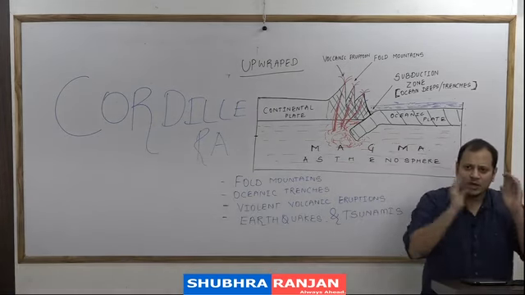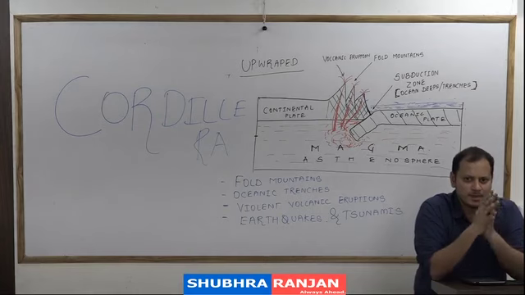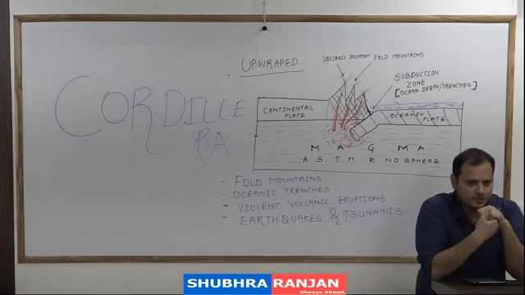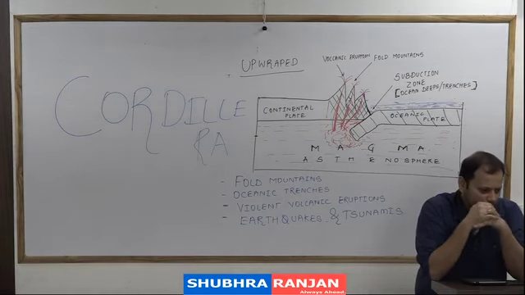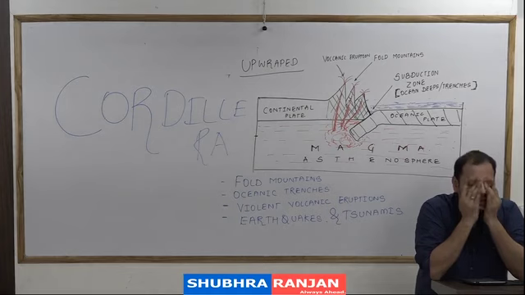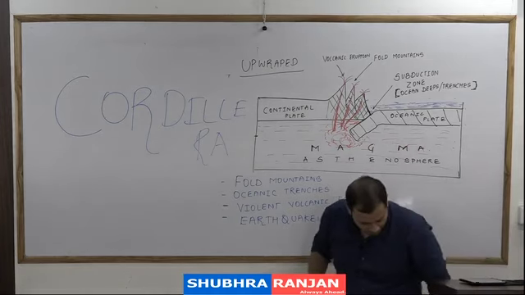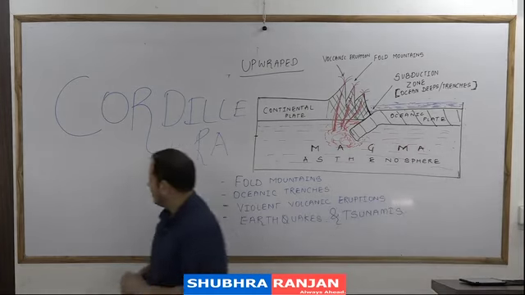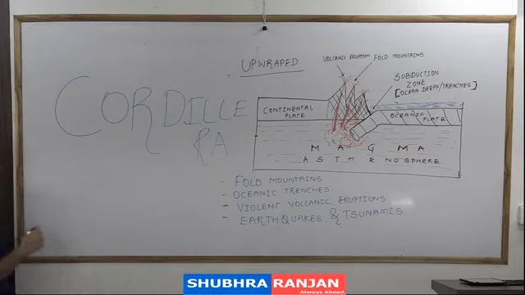In the bracket, long mountain chains parallel to each other. Cordillera मतलब long mountain chains, एक single mountain नहीं होता. There are long mountain chains which are parallel to each other.